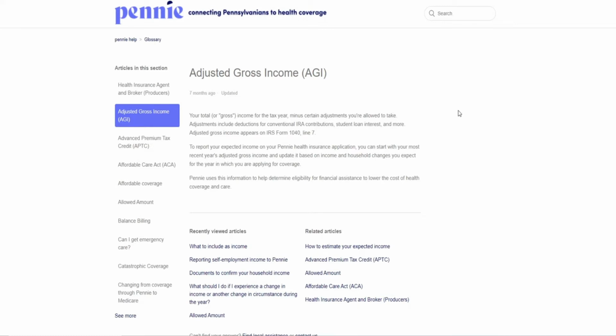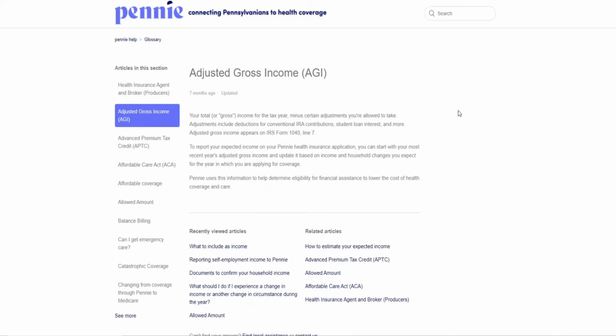I like the fact that we've got this information included at pennie.com for public resources. There are a lot of people, myself included, who are not tax professionals. I do prepare my own taxes, but if it weren't for the software that I use, I would be an absolute basket case. I wouldn't know how to approach that.